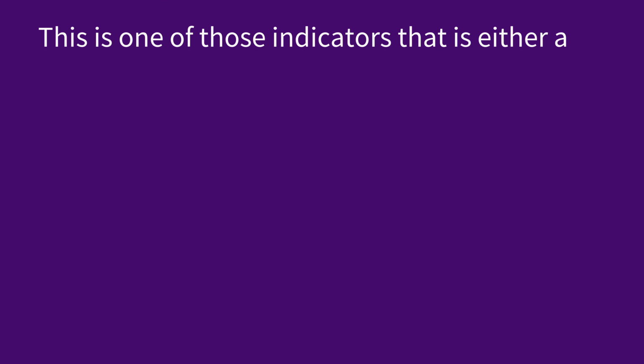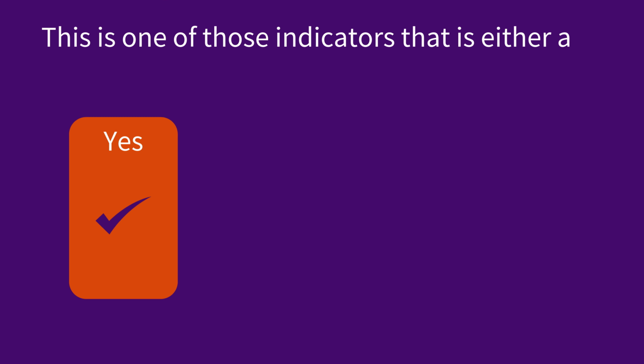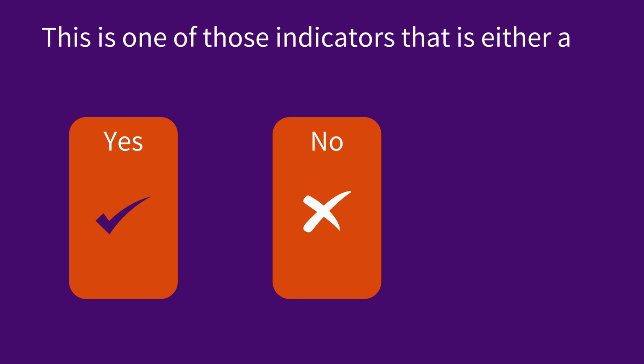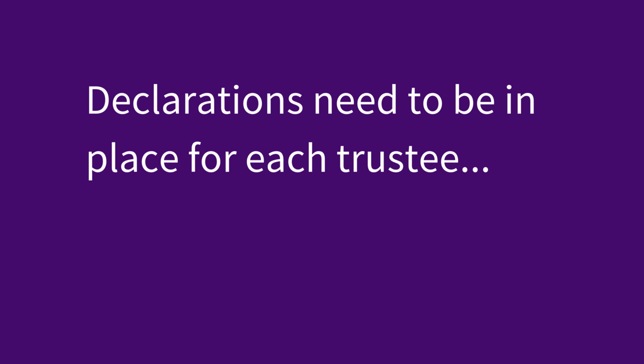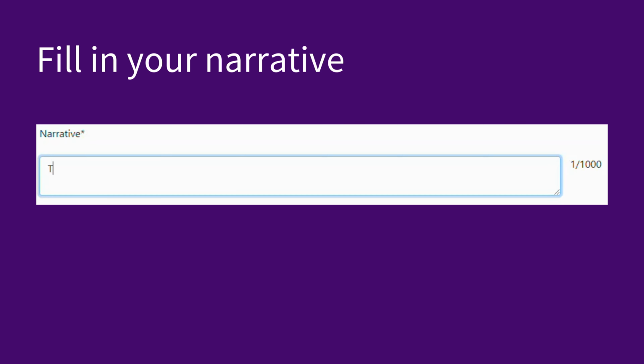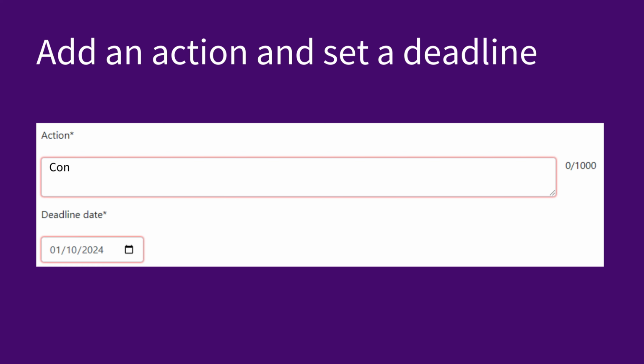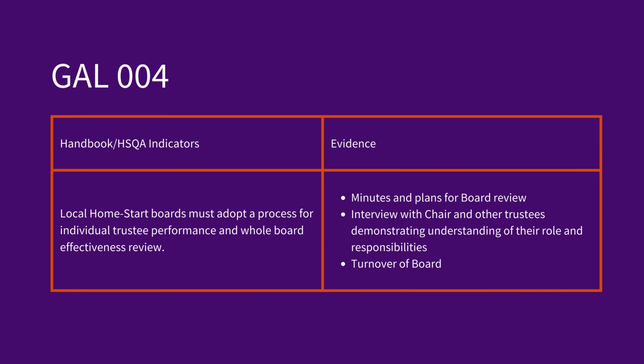This is very much one of those indicators that is really either a yes, no, or part met, because you want to have all of the declarations in place for each trustee. So you will either have those in place or you might have a gap. And if there is a gap, then please put that in your narrative and put an action and a date by which you will be able to close that gap and meet the requirement.